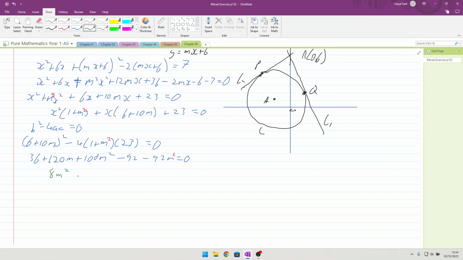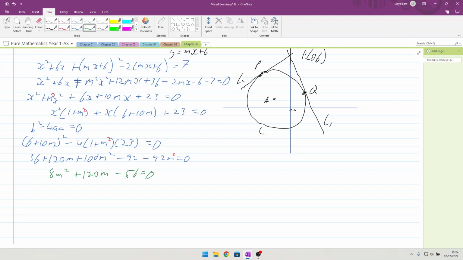It's now a full 120m, and it should still be 36 minus 92, leaving us minus 56 equals 0. Putting those new numbers into the quadratic solver, 120 into this one, and minus 56 stays the same on this one.